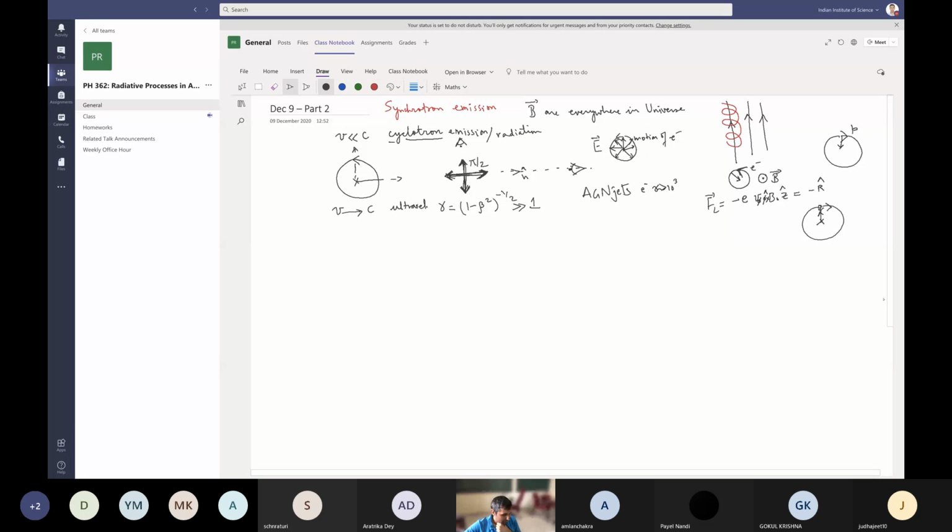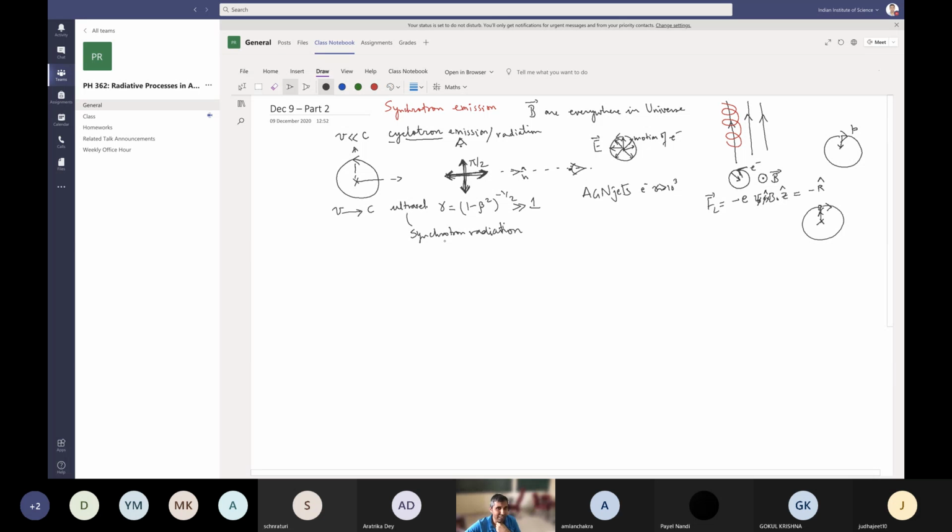So this is called synchrotron radiation, when the emitting particles are relativistic.